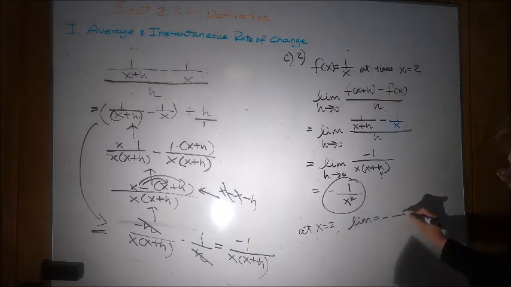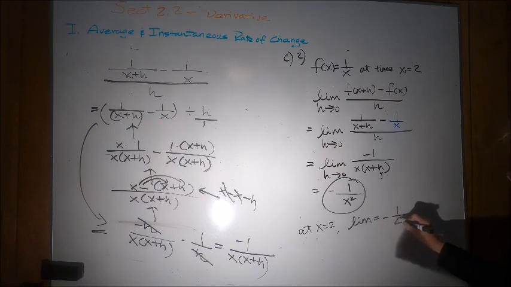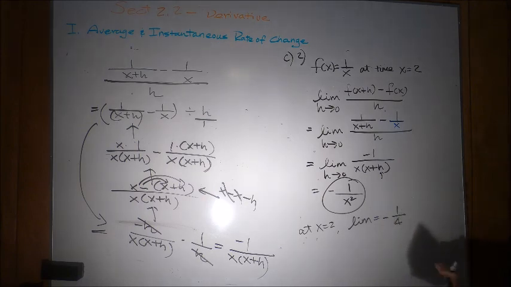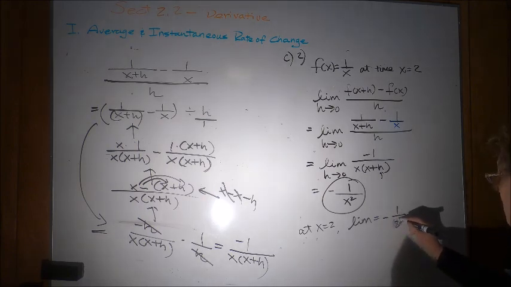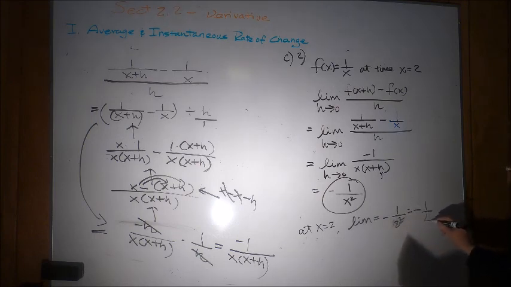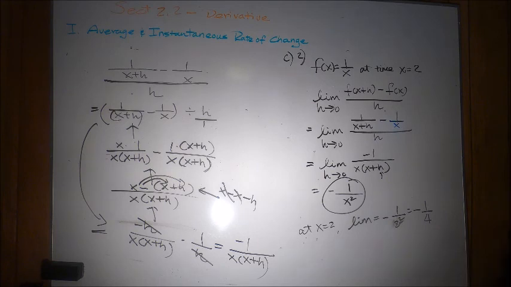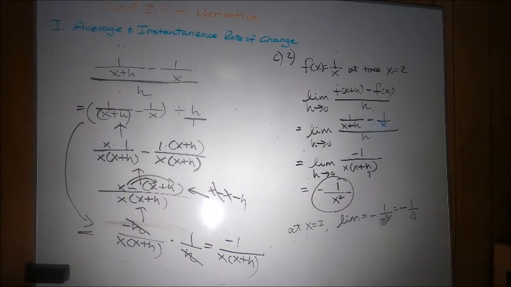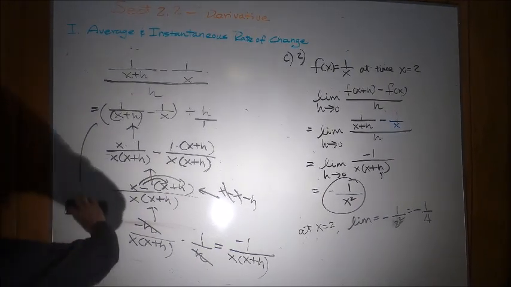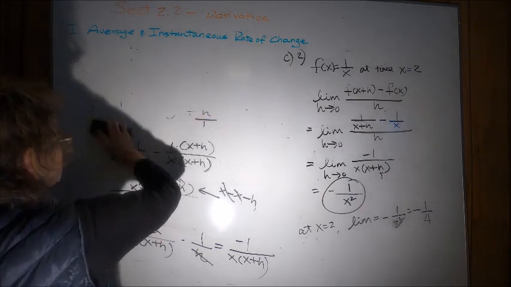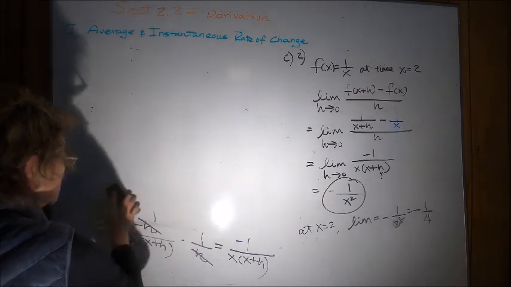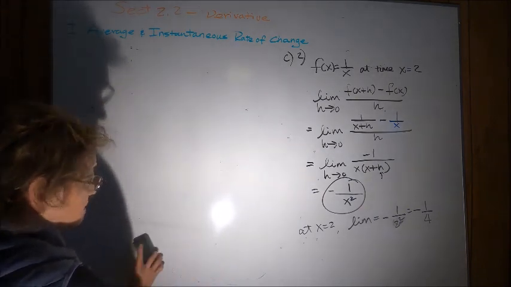So what do you have? 1 over 2 squared becomes negative 1/4. Okay, so what does this one tell us? We are finding the tangent line, and tangent line is the same thing as instantaneous change at that point.